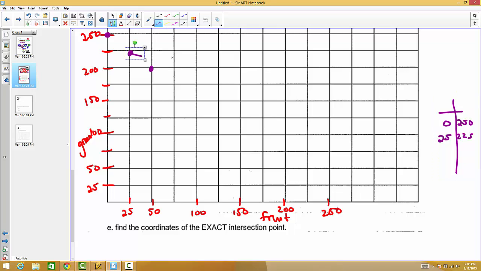And then 50 would give 200. And 75 would give 175. It would exactly go down like this. And then you would connect the dots because all the decimals work.